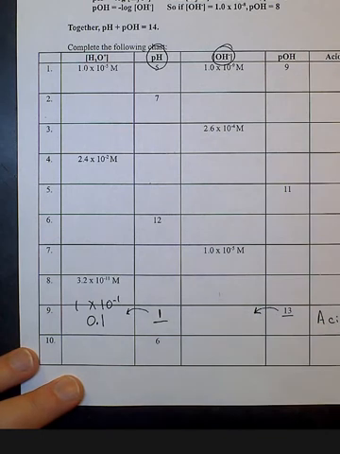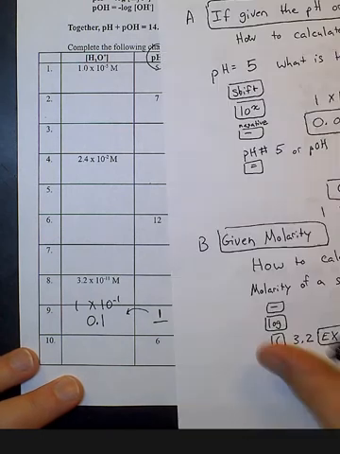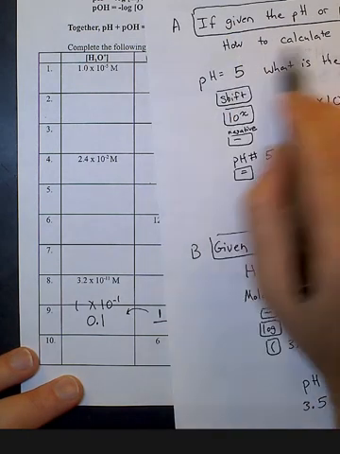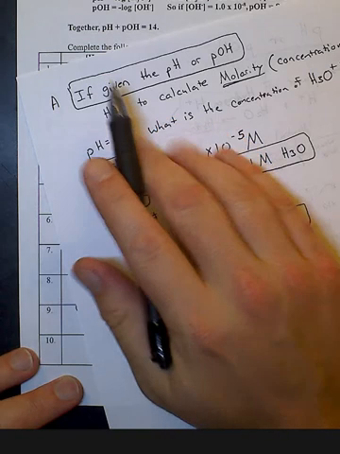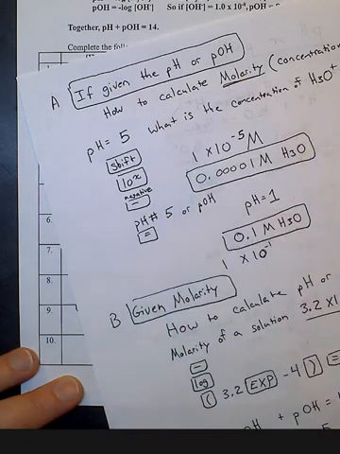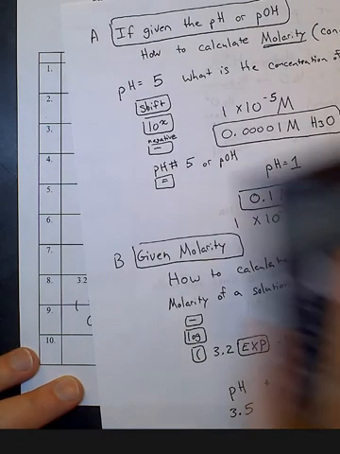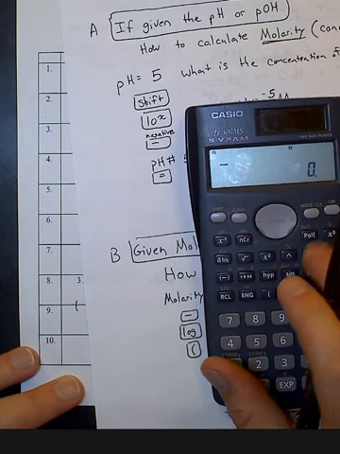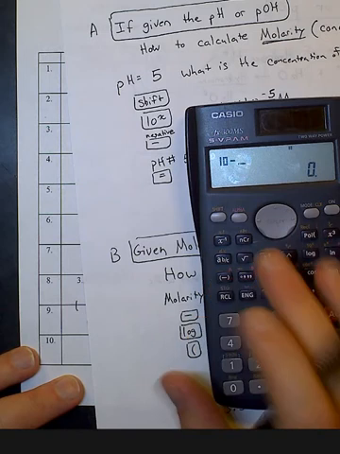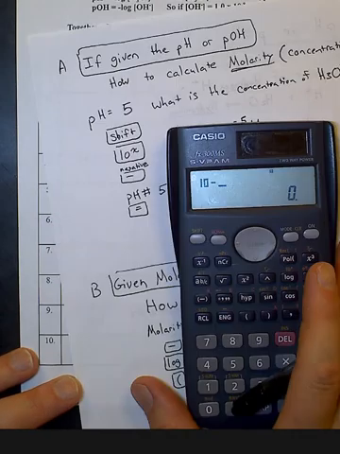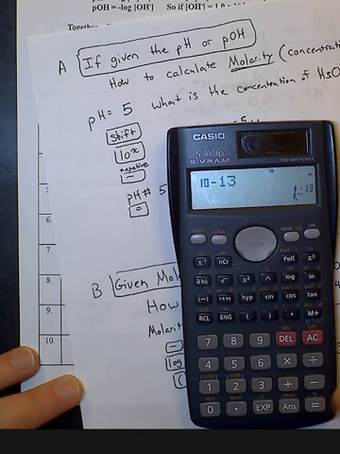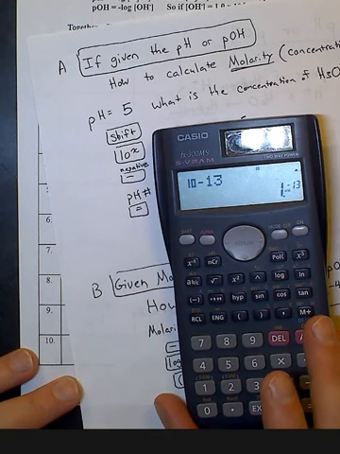So same thing, if we take a look here, I want to figure out molarity. So I'm looking up here, how to calculate molarity. I was given the pOH. So we're doing the same thing here, just with our new number. Shift 10 to the X, negative, and I'm typing in 13, boom. 1 times 10 to the -13th power.